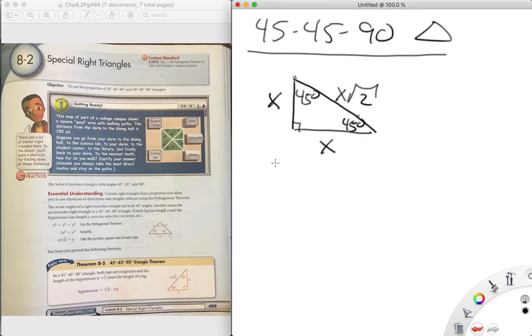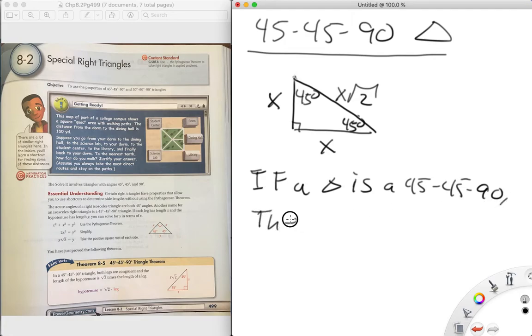So the 45, 45, 90 degree triangle theorem says that if a triangle is a 45, 45, 90, then the hypotenuse is equal to the side of the triangle, or x, times the square root of 2.